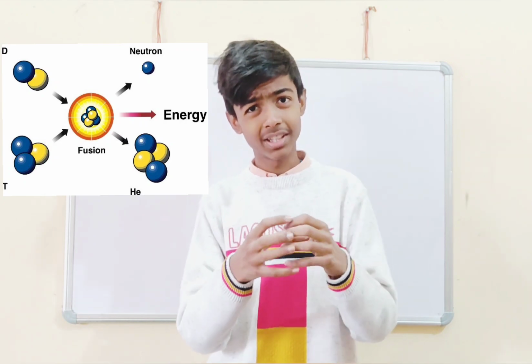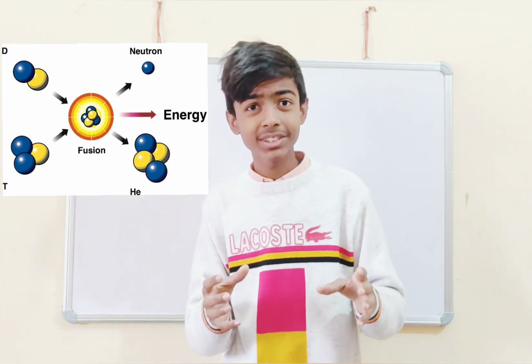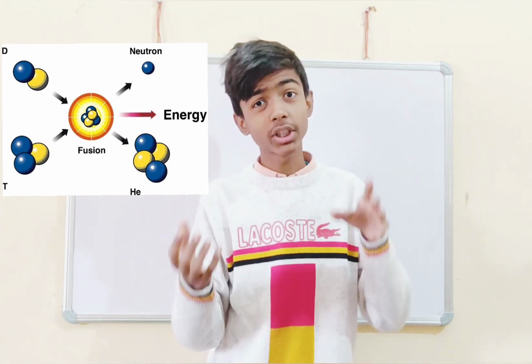Basically, the hydrogen atoms inside the Sun fuse together to make helium atoms, and in that process the Sun converts its potential energy into heat and light energy, and that's the reason the Sun is losing 4 billion kilograms of mass, or 8.41 billion pounds of mass, every second. In one of my future videos, I will explain how the Sun actually works in a very detailed manner. So stay tuned for that.